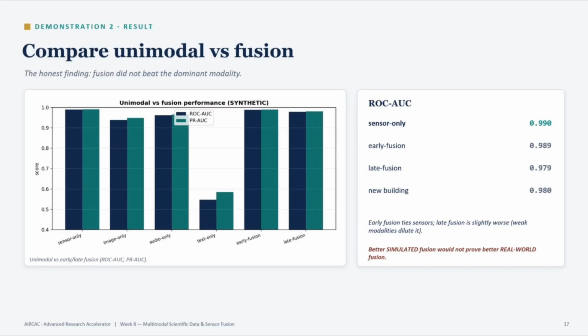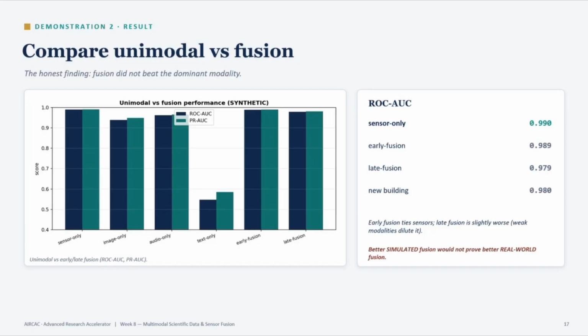Late and early fusion give almost similar results, but we can see the early fusion gives better scores, and the sensor only also gives better scores, similar results.